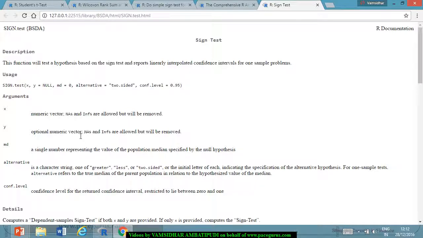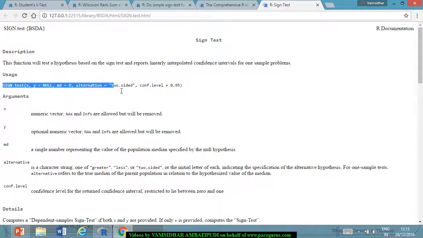It's an optional numeric vector. MD is the median, right? What is my hypothesized median? I have to give that. Alternative is by default two-sided, but I can very well give the greater or lesser. We have discussed about what those alternatives mean. And confidence interval, by default I get the 95% confidence interval.